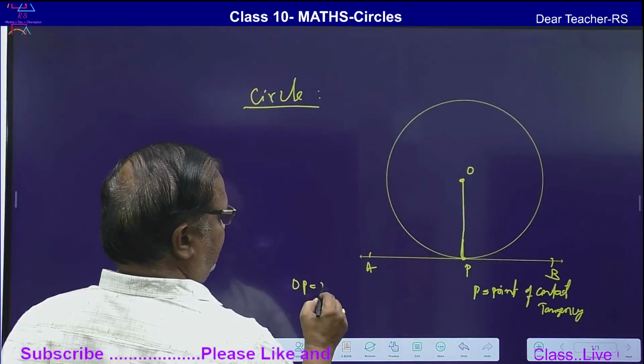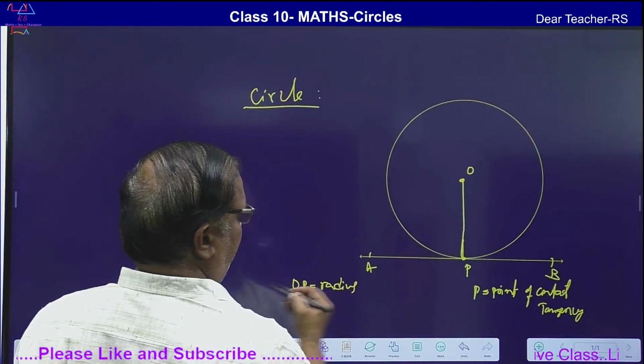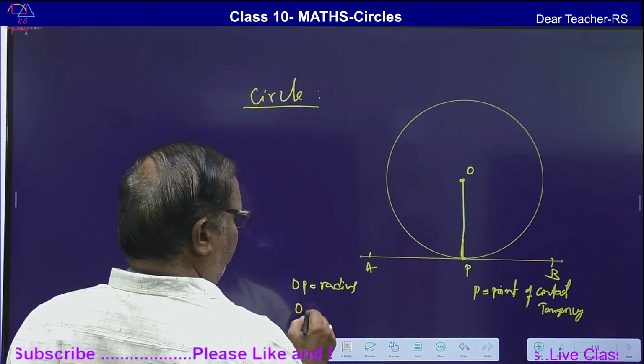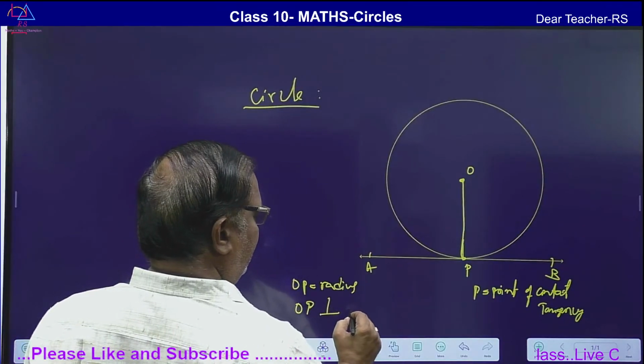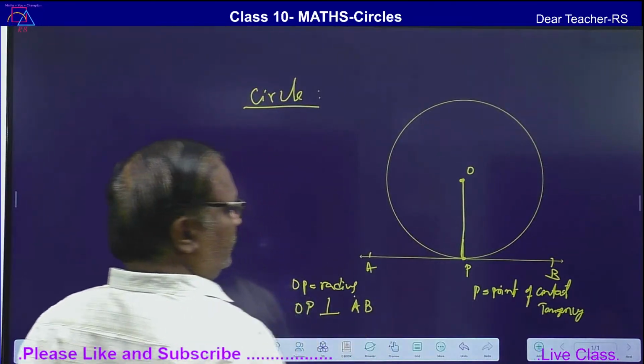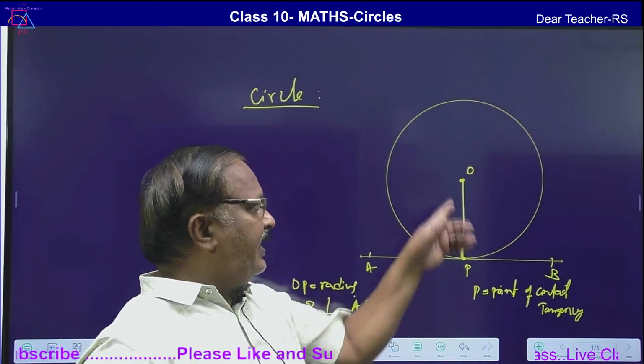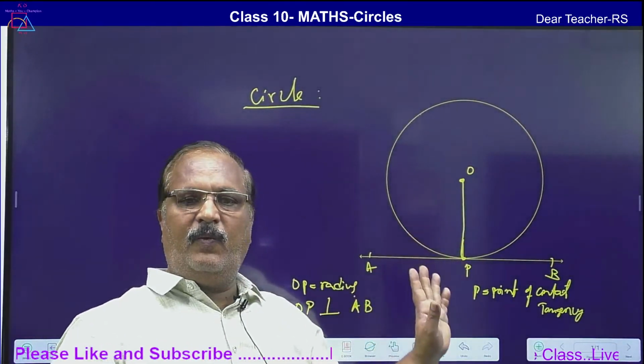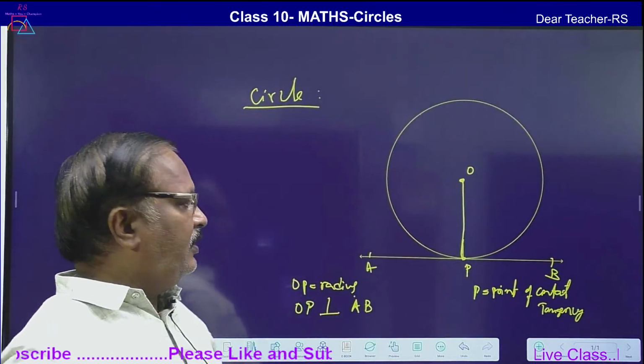OP is a radius, and OP is always perpendicular to tangent. That means the radius at point of contact is always perpendicular to tangent.